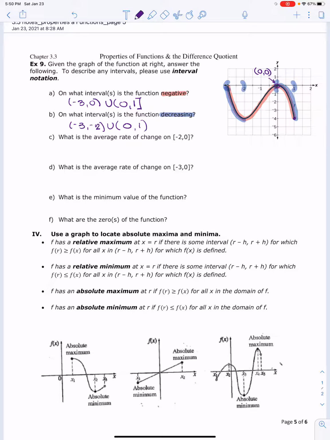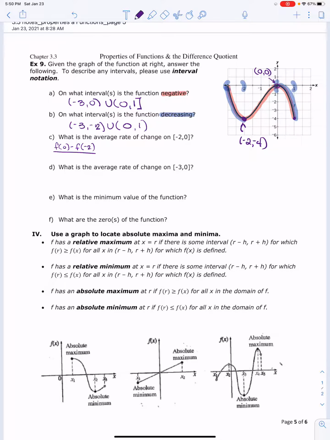Average rate of change on -2, 0. So we've got this point right here, -2, -4, and then we've got the point 0, 0. So right endpoint, left endpoint.